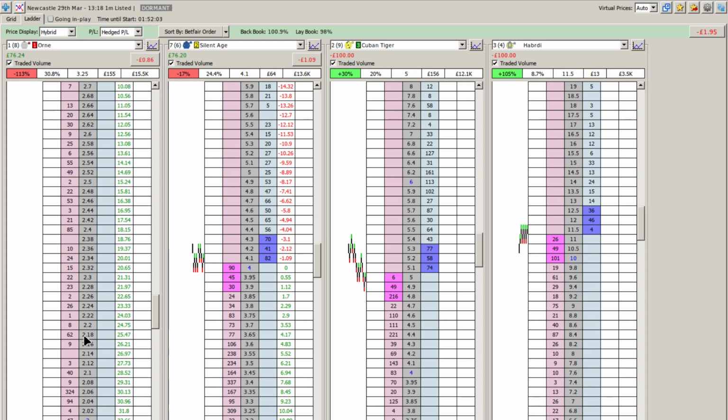Now, as far as trading out this Dutch with 2 runners involved, if this runner here throughout the race remained sat at odds of 4, if this runner comes down to 2.18, that's all well and good. This runner will trade out for £25, this runner will trade out for 0, and that's it. You've met your target.